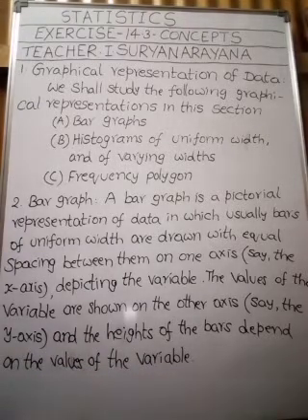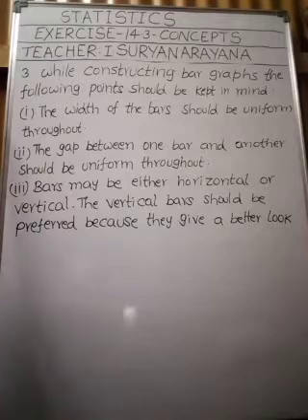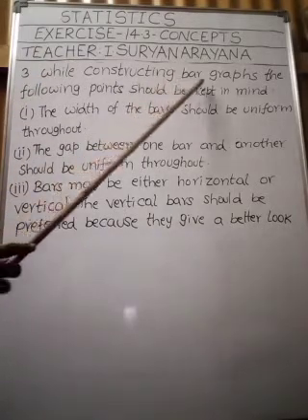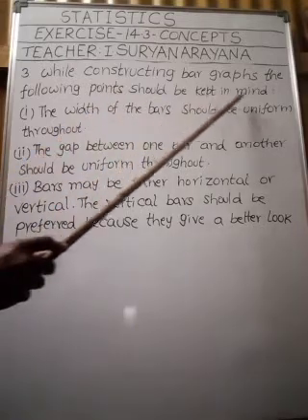Do you remember these points while you are drawing bar graphs of a frequency distribution table? Right. Now come to the next point. While constructing bar graphs, the following points should be kept in mind.